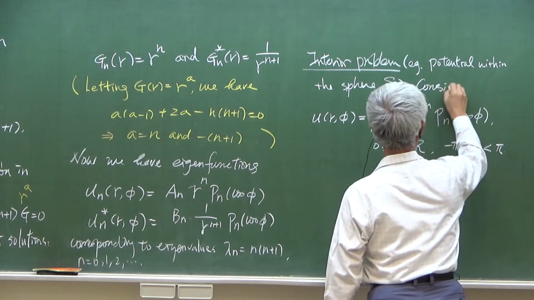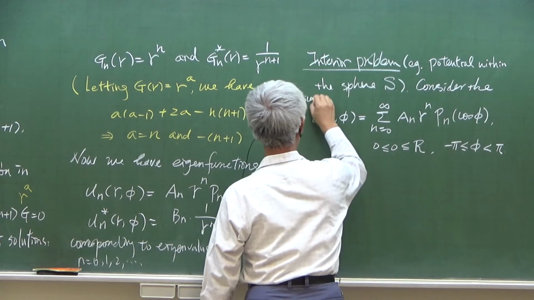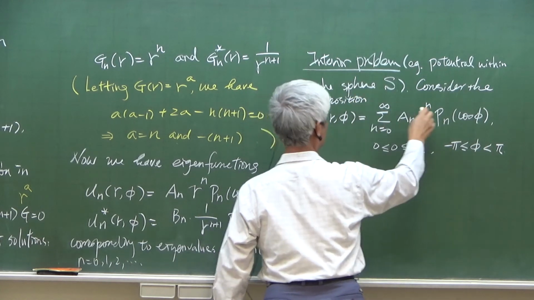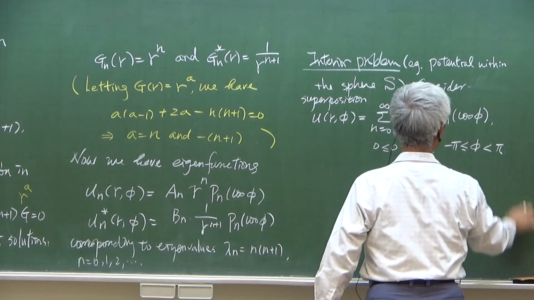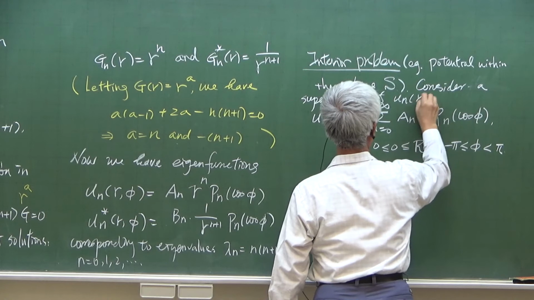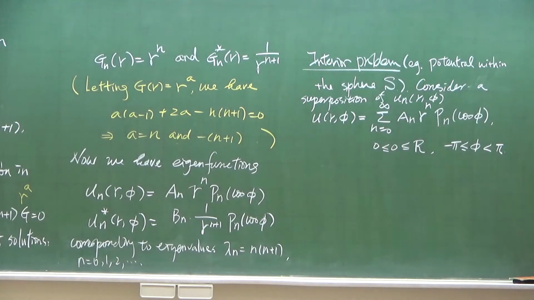So we consider the superposition. Consider a superposition of un of r, phi. Okay, so we consider such a superposition.